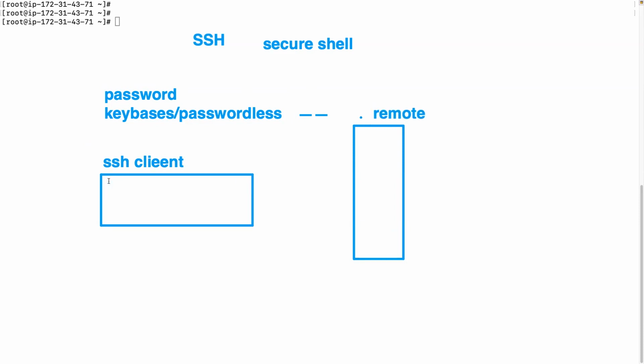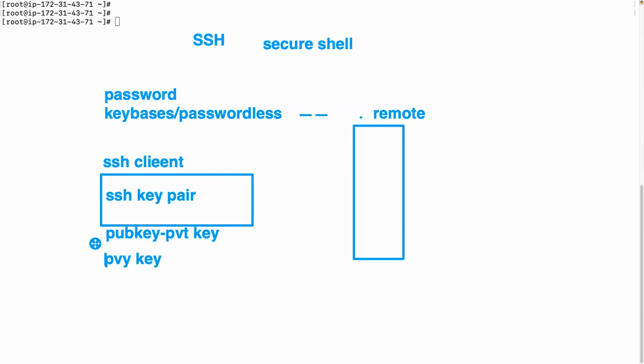The general thing is you will generate an SSH key pair here. What the commands are and how to generate, we will learn. First, understand the concept. We'll generate a key pair. A key pair will have a public key and a private key. That's called a key pair combination. Now you will keep the private key here.